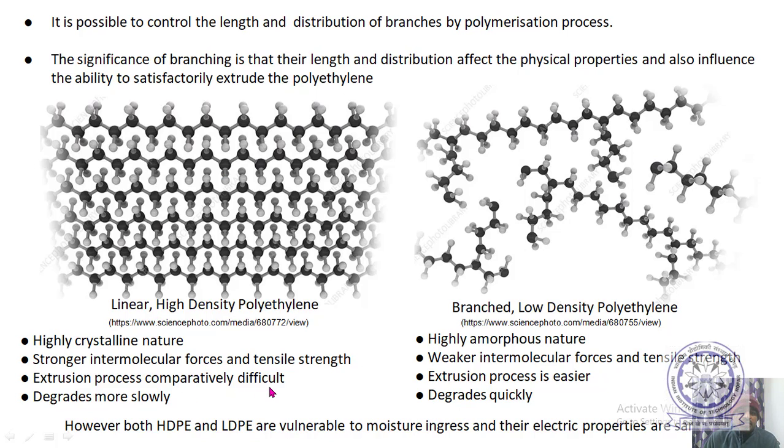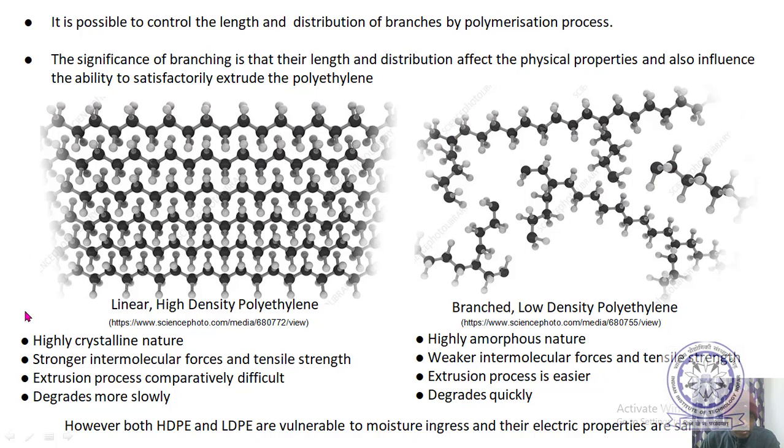The extrusion process is comparatively difficult because it is very strong. Even after melting, pushing through the extruder and forming a cylindrical cable structure becomes difficult because of the strong nature of this material. But it has the advantage that it degrades more slowly.